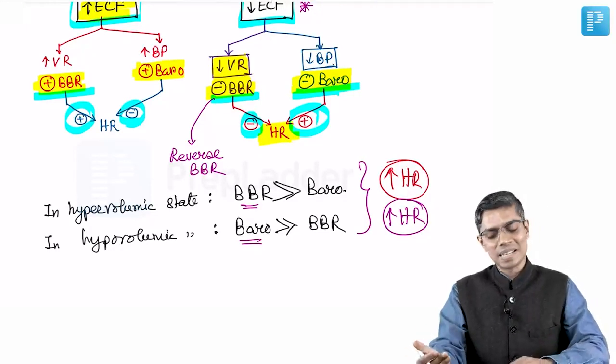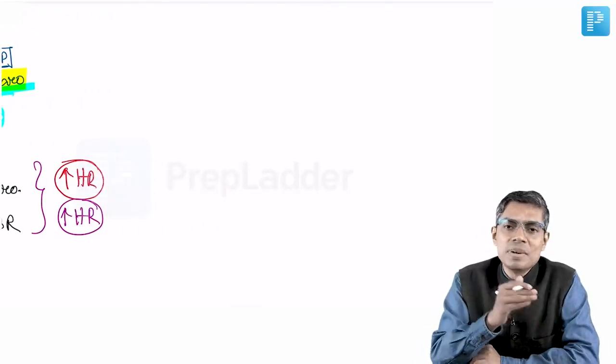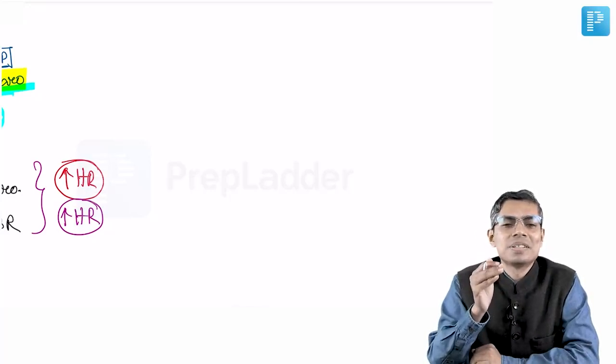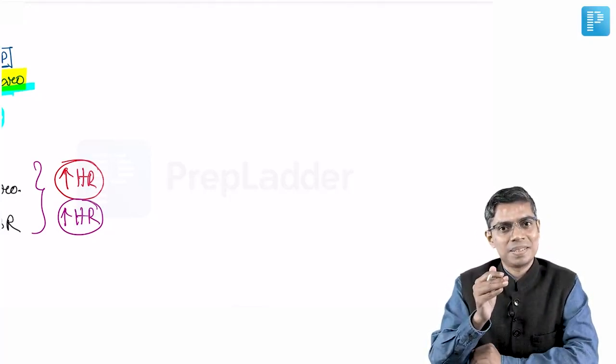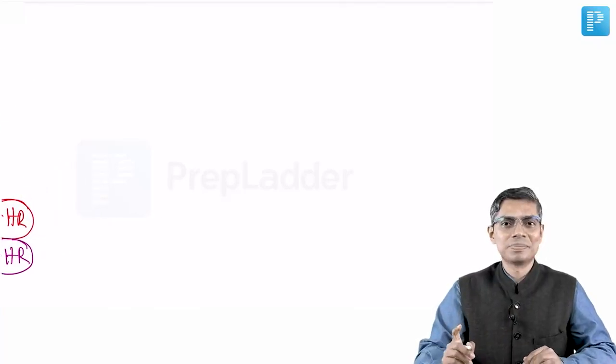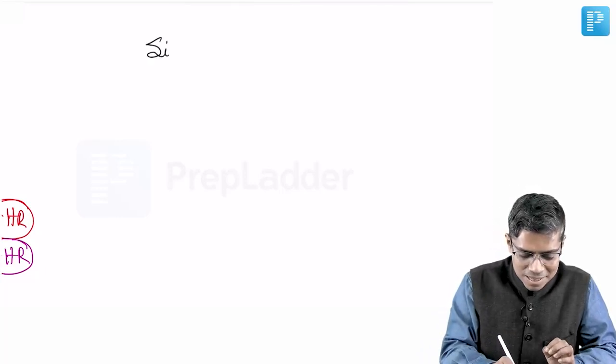So in both cases tachycardia is occurring, but in hypervolemic state tachycardia is due to Bainbridge reflex, in hypovolemic state tachycardia is due to baroreceptor reflex. Now we are discussing tachycardia. The last phenomenon you also have to remember is known as sinus arrhythmia.